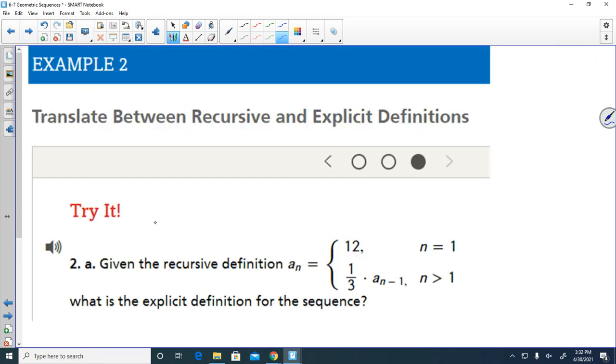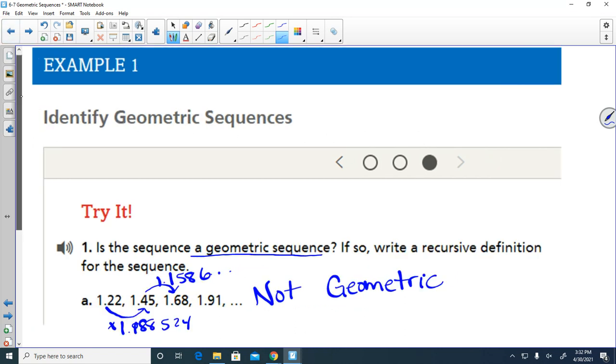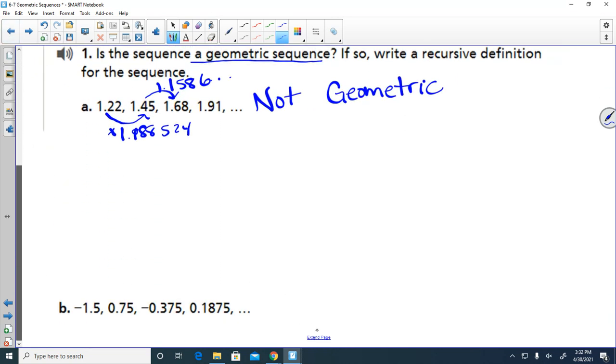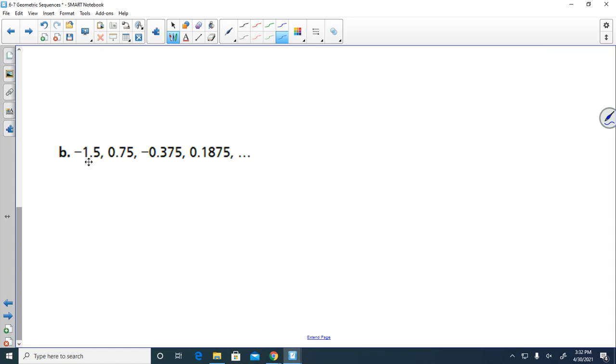But example B, where's example B? Here it is. Example B, let's see what's happening here. To get from negative 1.5 to 0.75, if I multiply by negative 0.5, negative 1.5 times negative 0.5 is 0.75. Multiply that by negative 0.5, I get negative 0.375.